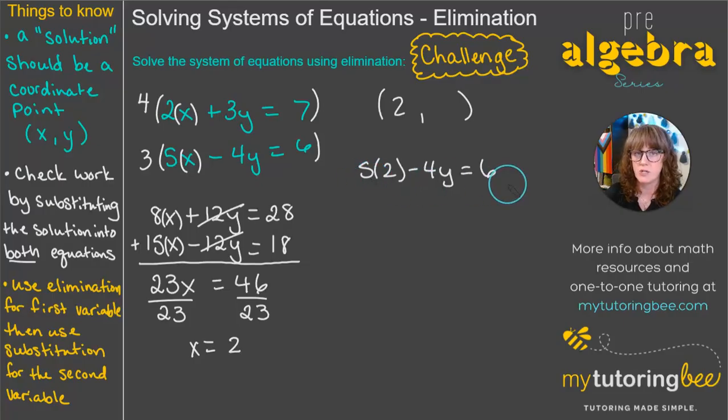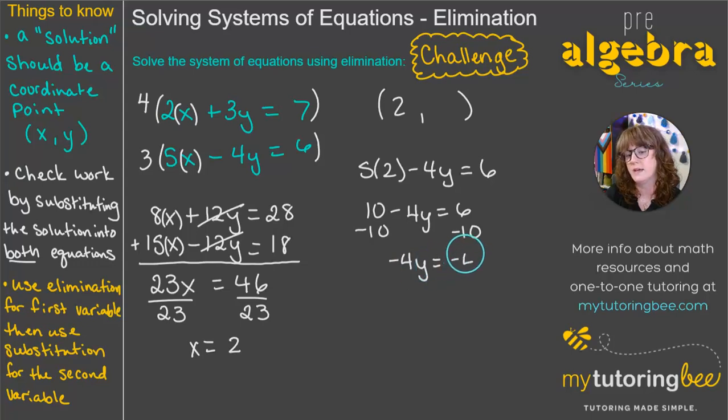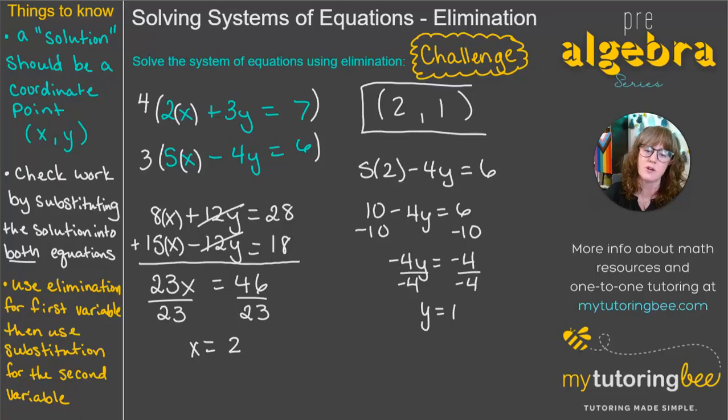Now we just have that equation with only y. So 5 times 2 is 10 minus 4y equals 6. We're going to subtract 10 from both sides. Negative 4y equals negative 4. When we divide by negative 4 on both sides, we get y equals 1. So that is the y portion of our solution.